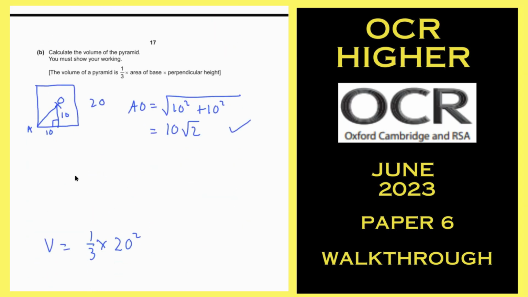Always makes looking at a problem a bit easier if you slightly change the perspective. So we've got A to E, which is the slant of 14.5. We have the perpendicular height, which is E to O. And we've got this third side here, AO. That's the 10 root 2.